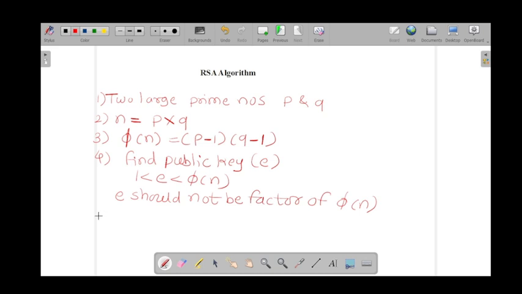In the fifth step, we are finding the value of our private key.